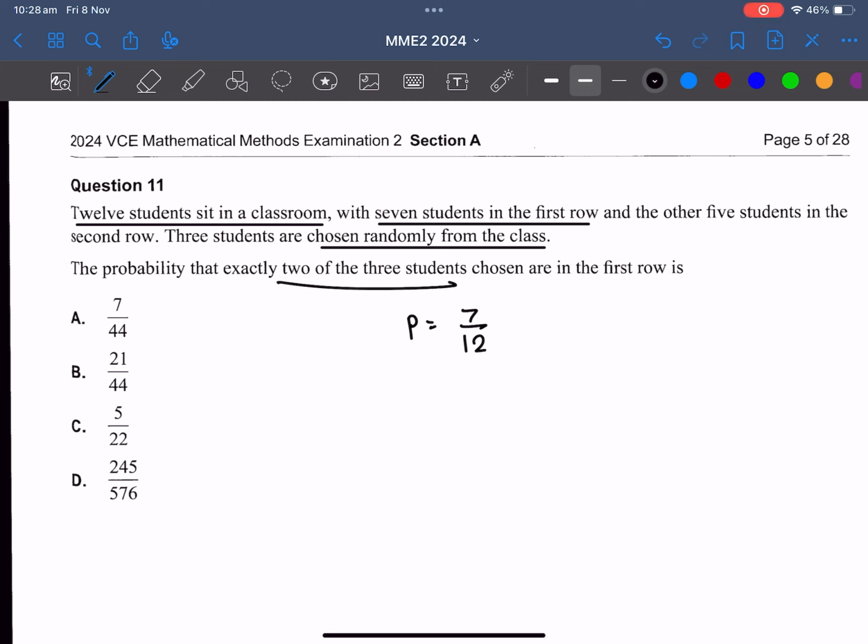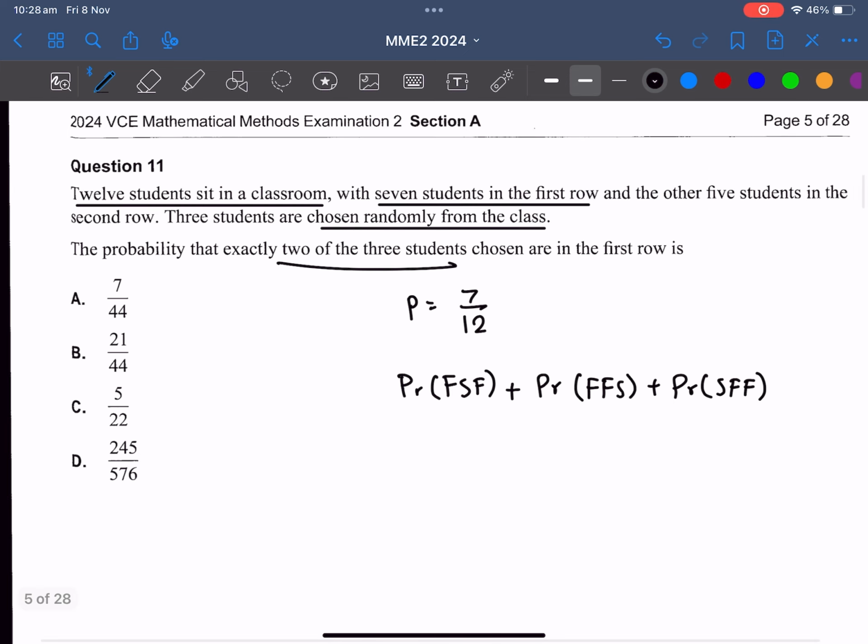So we can say probability of first, second, first, plus probability of first, first, second, or probability of second, first, first.